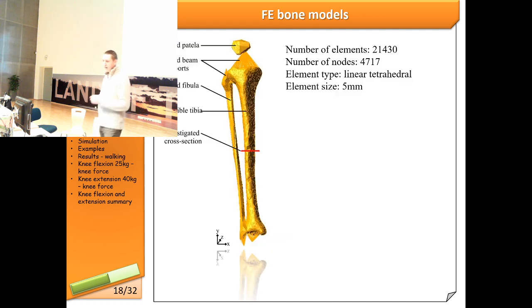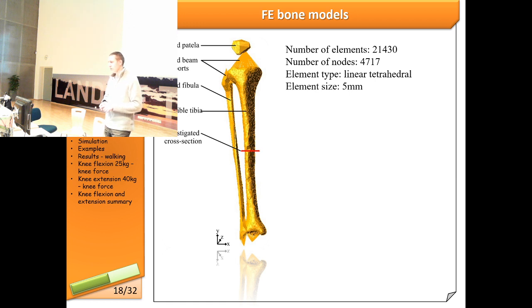So this is a simple example where we have fibula and tibia. The fibula is rigid and the tibia is meshed. The mesh size was around 5 millimeters, and it resulted in 21,000 elements with 4,700 nodes. It's not that big a number, and for today's computer it's quite simple to solve.